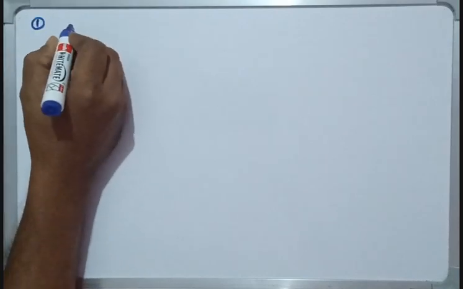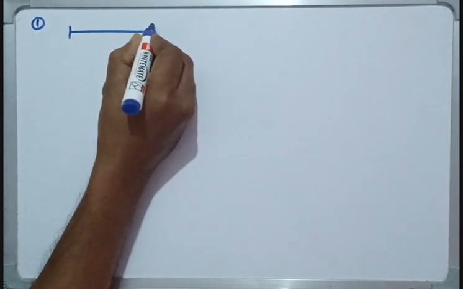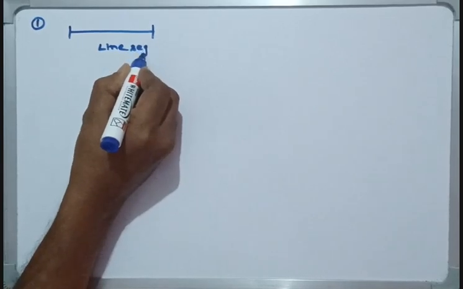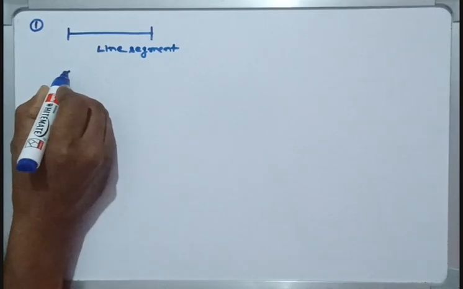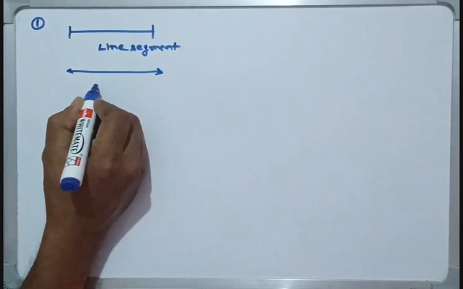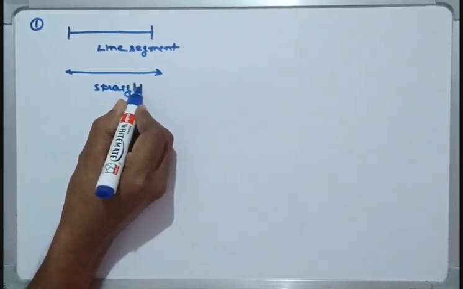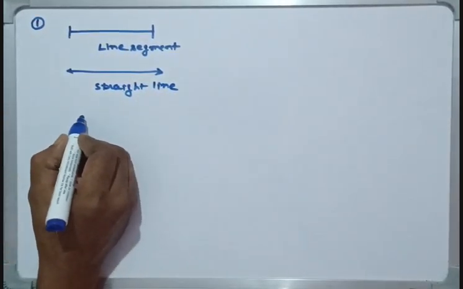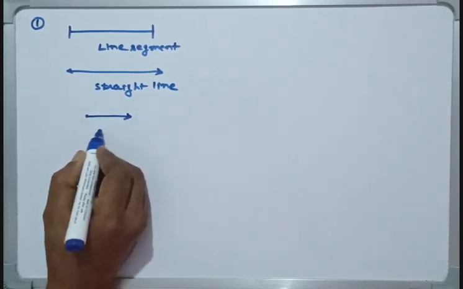Okay guys, see, this one is a line segment. Now the second one is a straight line. And see, this one is a ray.